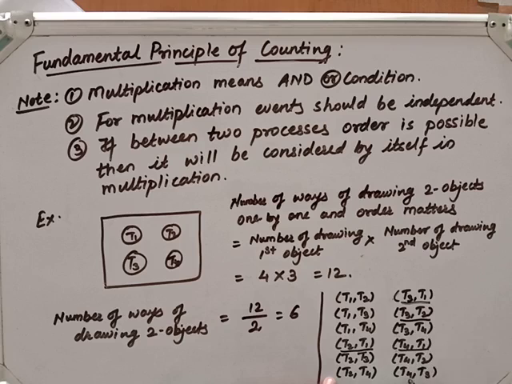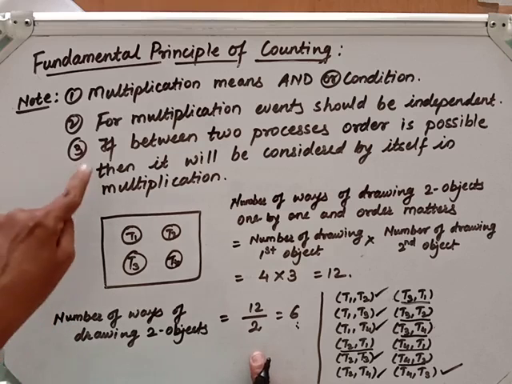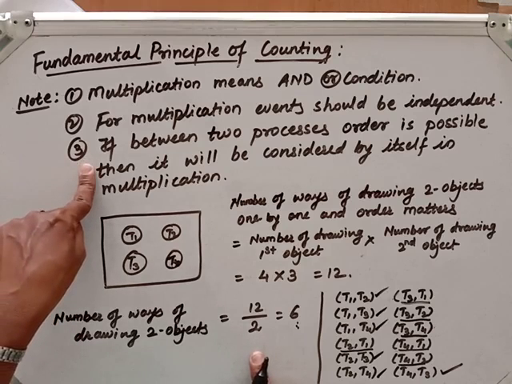T2, T4 will be the same as T4, T2. So how many are left? 1, 2, 3, 4, 5 and 6. T3, T4 are the same. So only 6 possibilities in that case. So this is the explanation for this one.